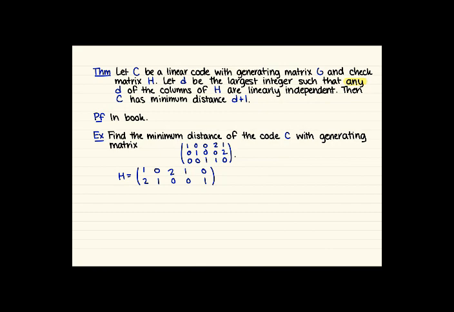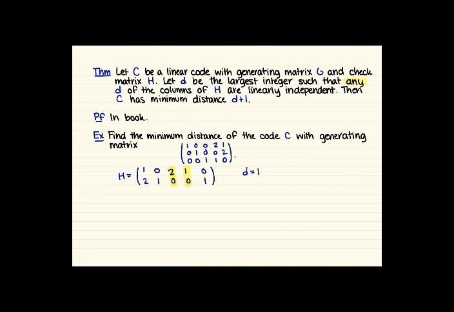Now let's see, is it possible that we can pick 2 columns which are linearly dependent, which would reduce us down to 1? In fact, if we look at these 2 columns here, 2, 0, and 1, 0, we can see that those are linearly dependent. So 2 doesn't work for D here, and the largest integer such that any D of the columns of H are linearly independent is going to be 1.